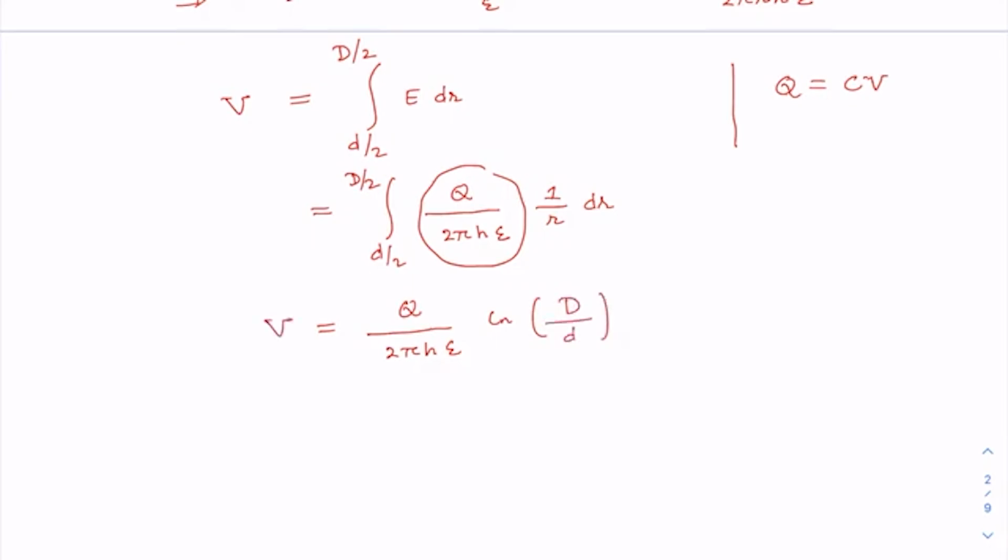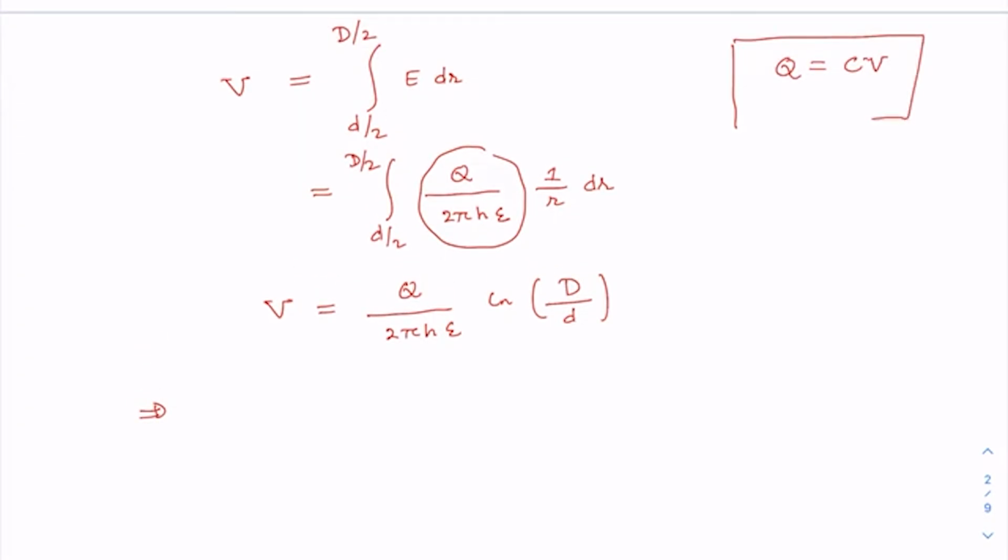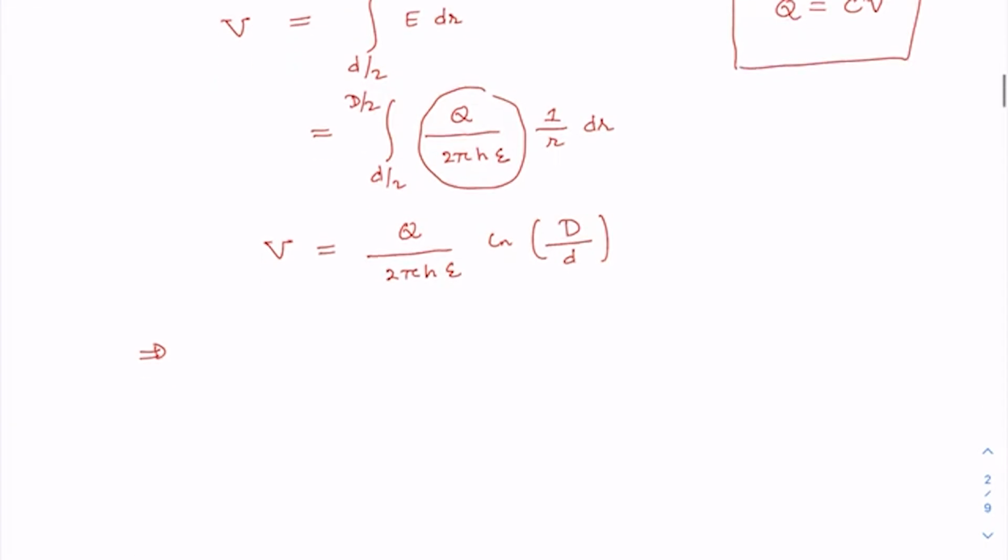So this is the voltage, and because we know that Q is equal to CV, from here I can therefore write that capacitance would be Q by V, and this would give us 2 pi epsilon h divided by logarithm of capital D by small d.